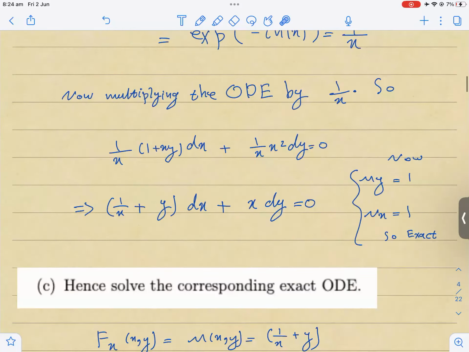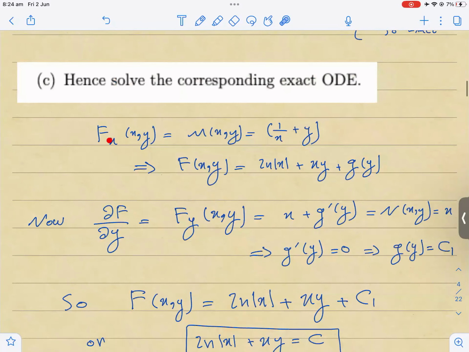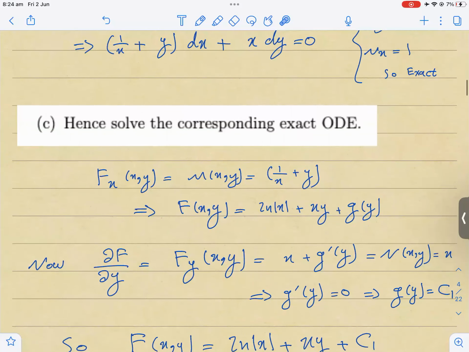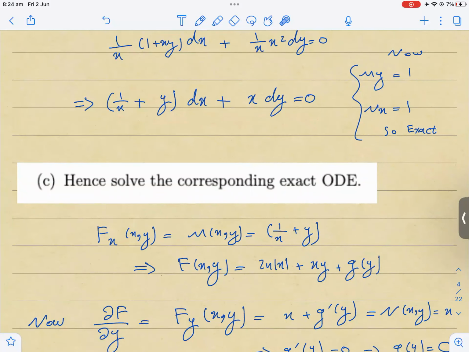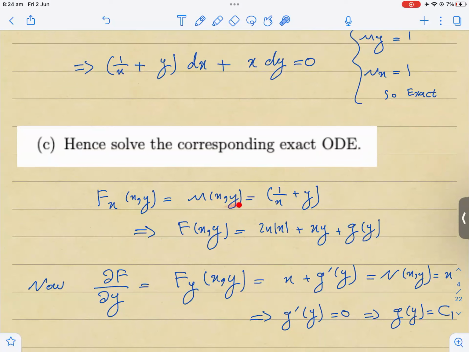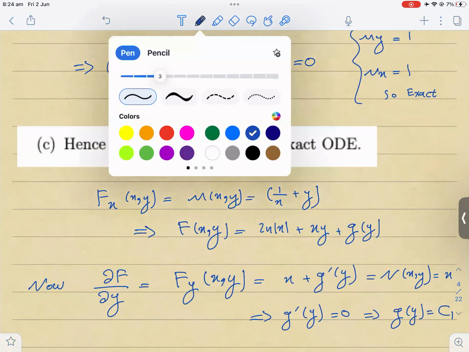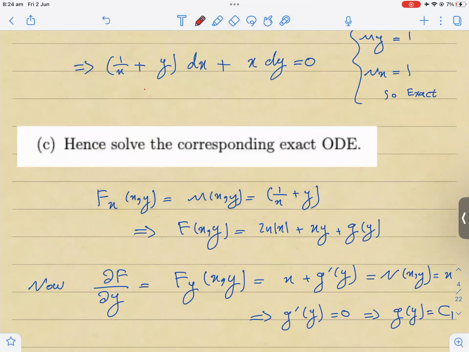Okay. Now we come here. So fx is, it's not that one, it's the updated one here. So fx is this guy here. So this is del f del x dx plus del f del y dy equal 0.